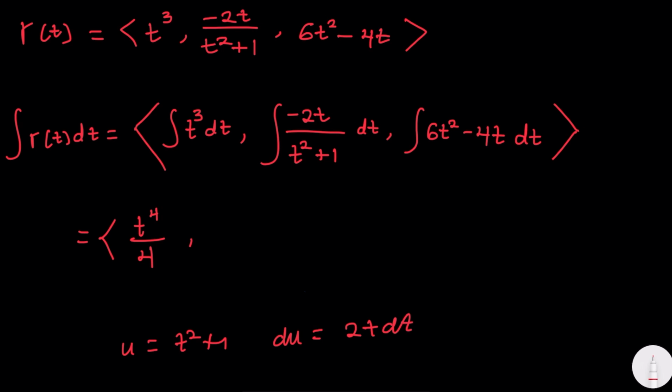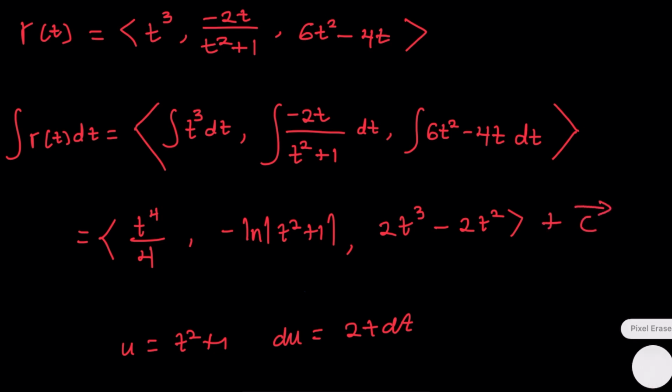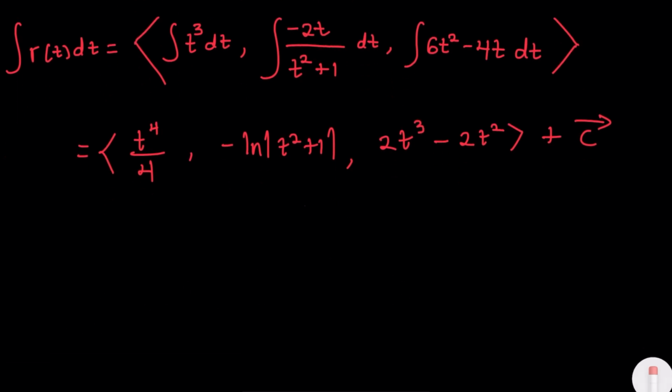So our answer is going to be minus ln of (t squared plus 1). Then for that of the k component, we are going to have 2t cubed minus 2t squared, and then plus the constant vector c. So that's our integral in this case.